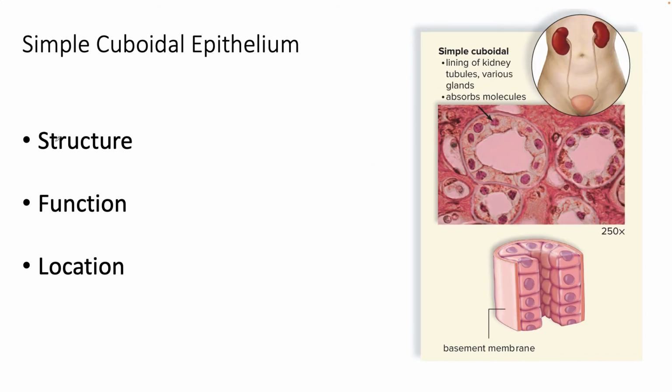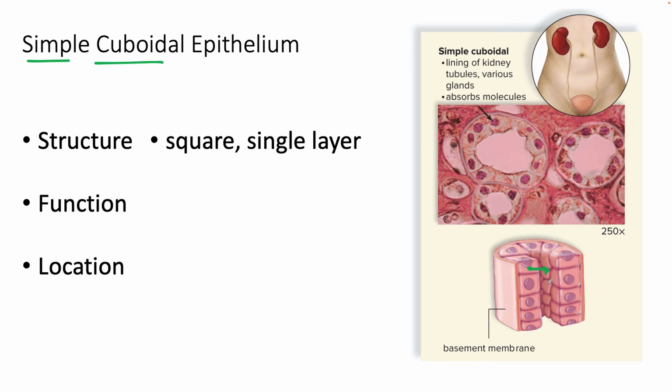Okay, our next one is simple cuboidal, and we can tell that this is one cell layer, and it is relatively little square cells. So the cells are just about as wide as they are tall. And here, they're not really that thin anymore. So we're not going to use this for diffusion. We have some space in this cell, and we can make stuff in the cell. We can take things that we made in the cell, and then we can kind of spit it out.